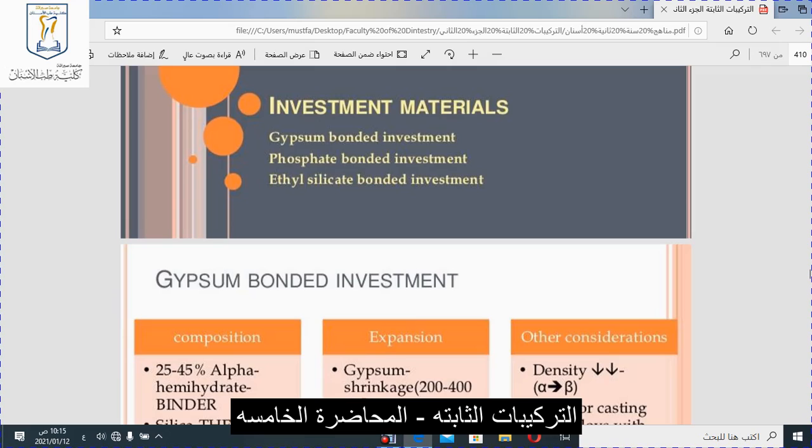The third is thermal expansion. So the binder is specific for gold alloys, and its high porosity allows easy escape of gases.